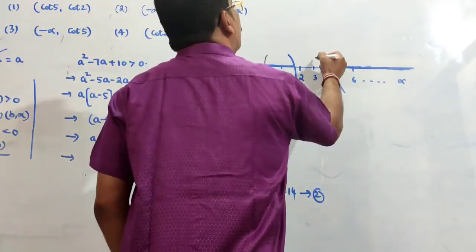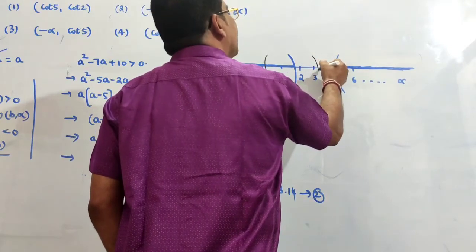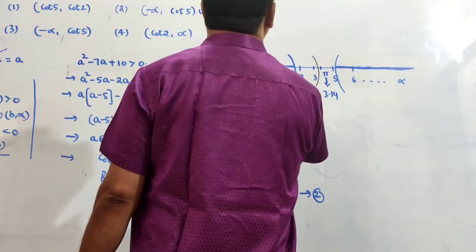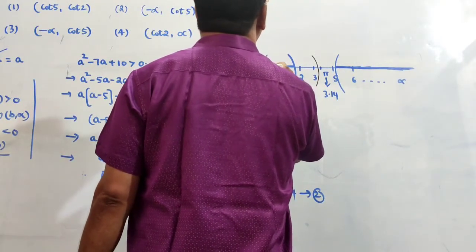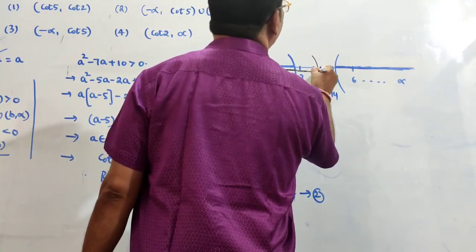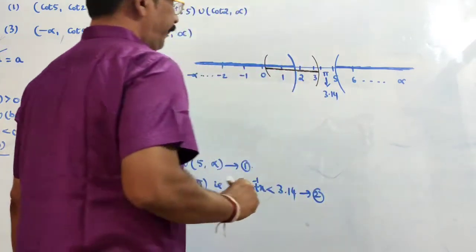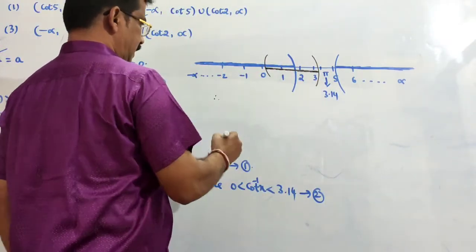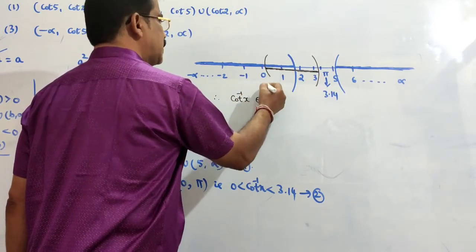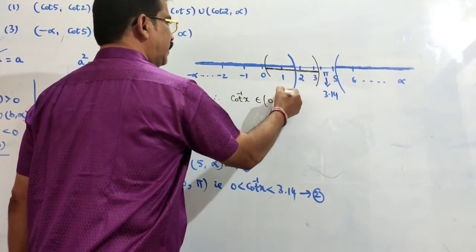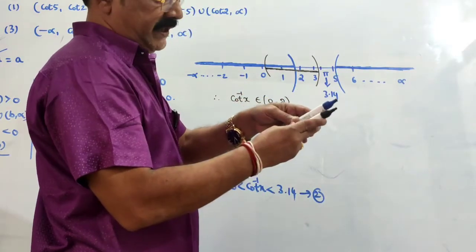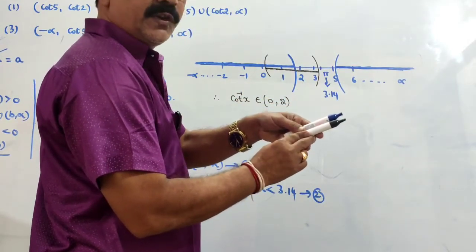So up to pi, open interval of pi, we shade with the black ink. Therefore, the combined solution, blue and black, is our required common solution area.